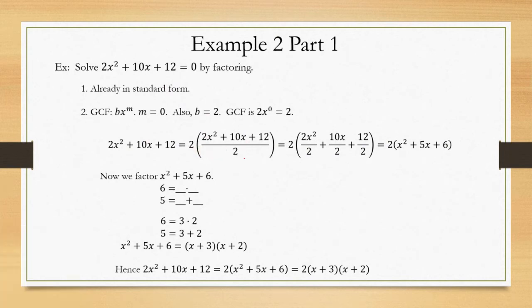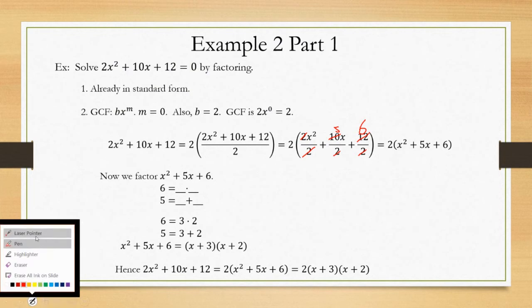When you divide, that's the same as dividing into each term in the sum. Here, these 2's are going to cancel. 10 over 2 is just 5, and 12 over 2 is 6.